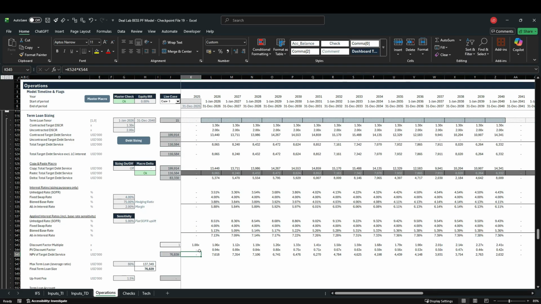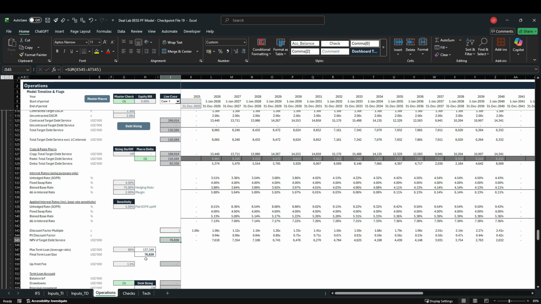And when we sum those NPVs across the tenor, resulting in $76.8 million, we get the present value of the debt service capacity, which is effectively the maximum debt the project can support using our sculpting method and our contracted 1.3 DSCR as well as our uncontracted 2.0 DSCR.